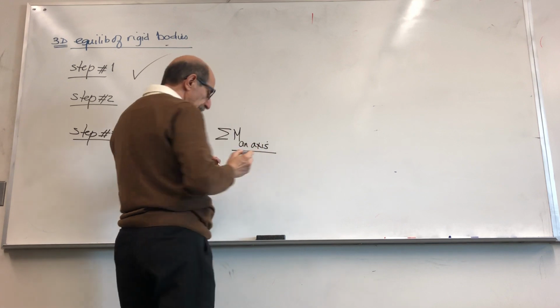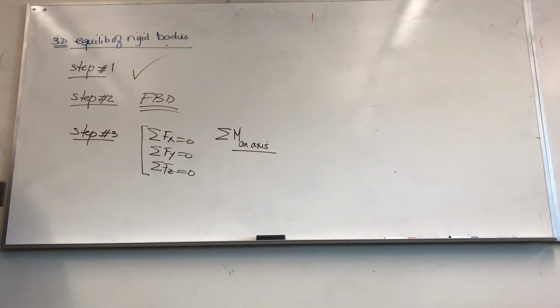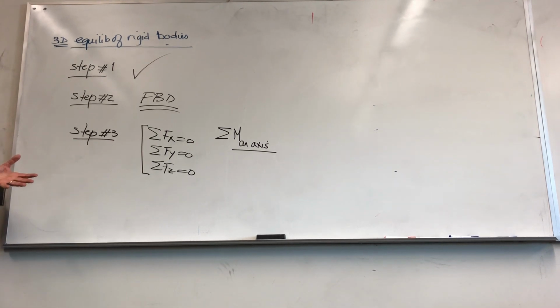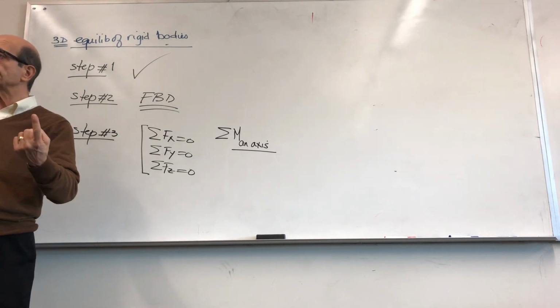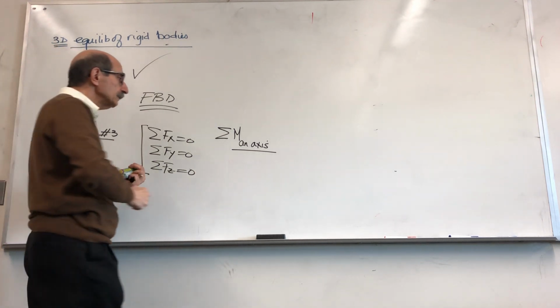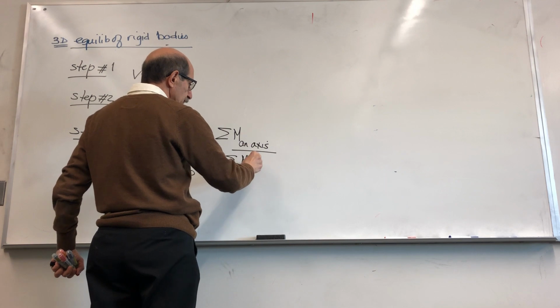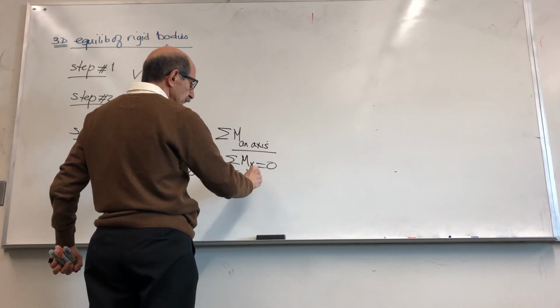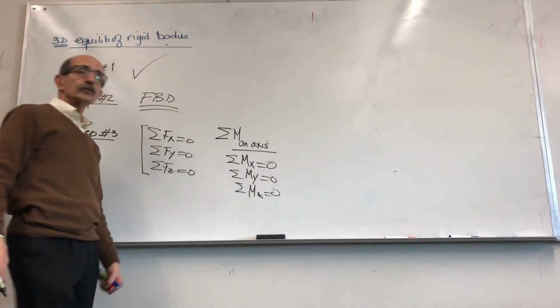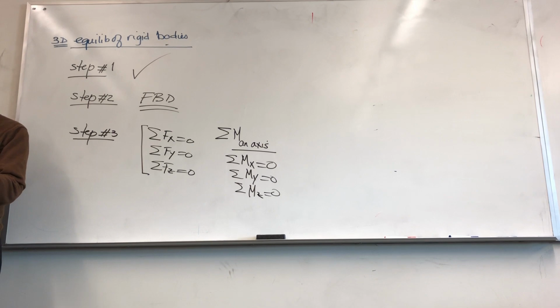In other words, you can always find an axis that intersects with several unknowns. So if you consider that axis, you can get rid of up to sometimes 5 unknowns. You end up with only 1 unknown left. Solve for that, and then apply the other equations. Either that, or you simply use summation of moments about each of the axes, with all forces known and unknown. So you have 6 equations, 6 unknowns, and you solve for those.